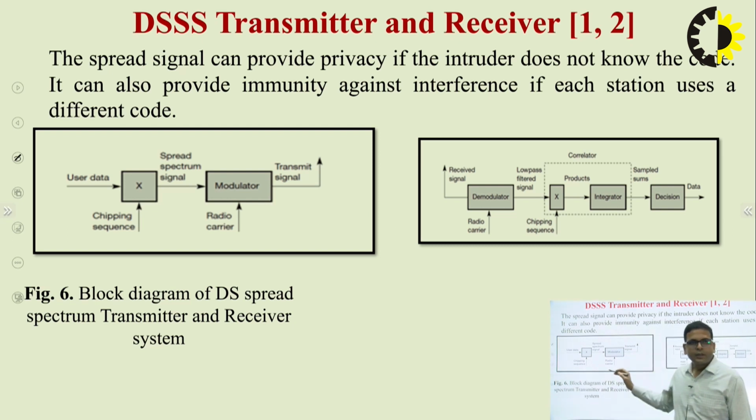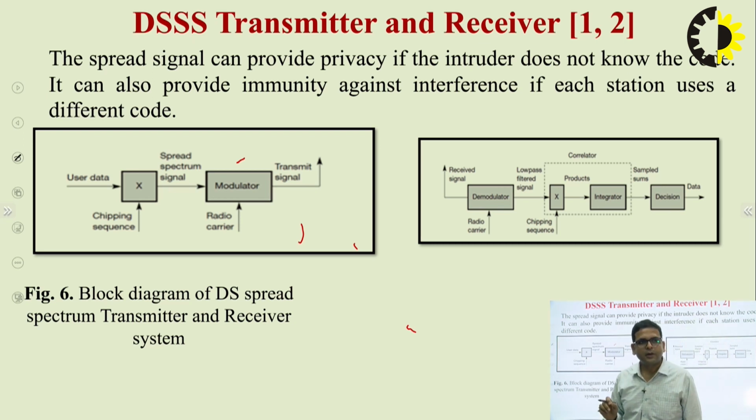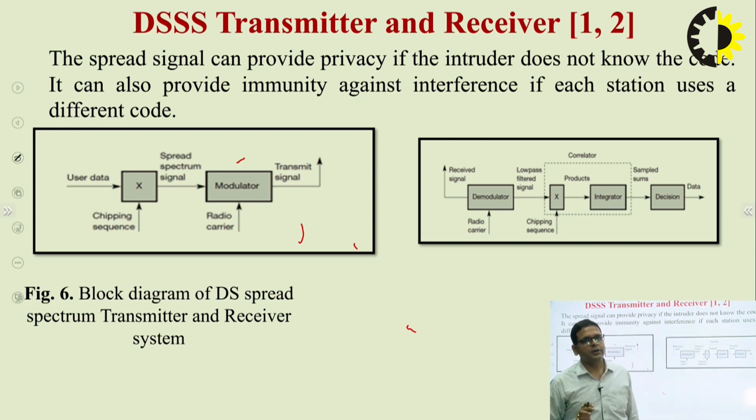The simple process is we take the user data and multiply it with the PN sequence, the chopping sequence. The resultant signal will be the spread spectrum signal, and this is used to further modulate a radio carrier, and using this modulation we get a spread spectrum modulated signal which is transmitted over long distances.